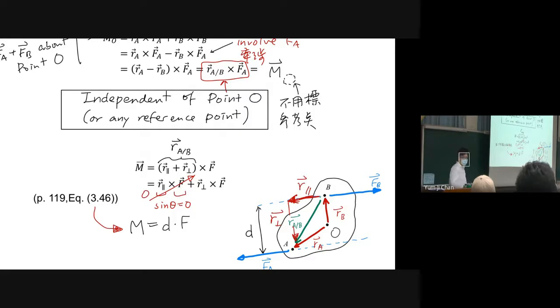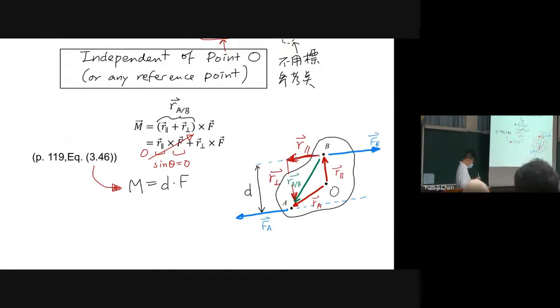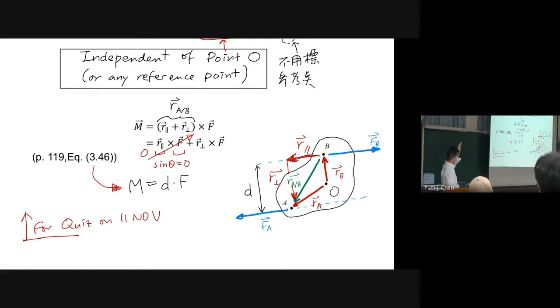Okay. So after these 2 weeks, I think we have gone through much with moments, and let's have a quick look because next Thursday the quiz will cover from the beginning of chapter 3 to here.